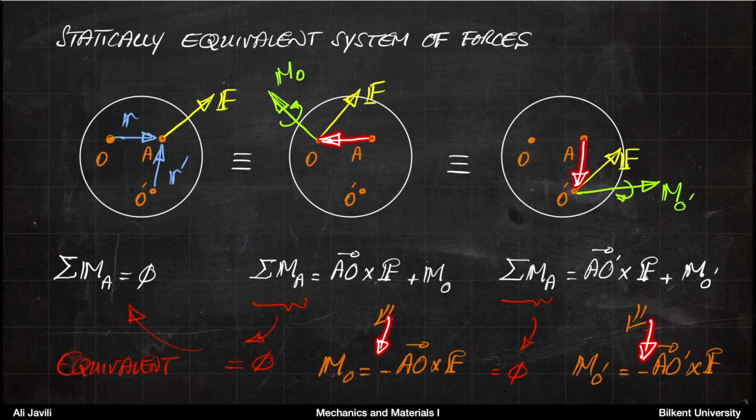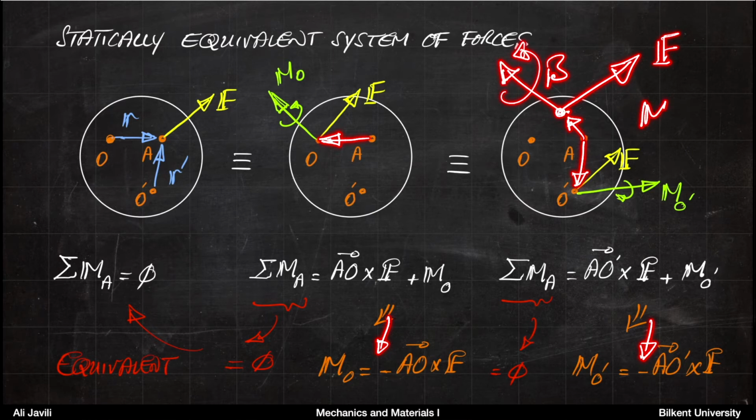So you can imagine for any other point B, if you wanted to just shift your force to any other point B, you need to add that much moment to the system, and that would be minus AB cross F.